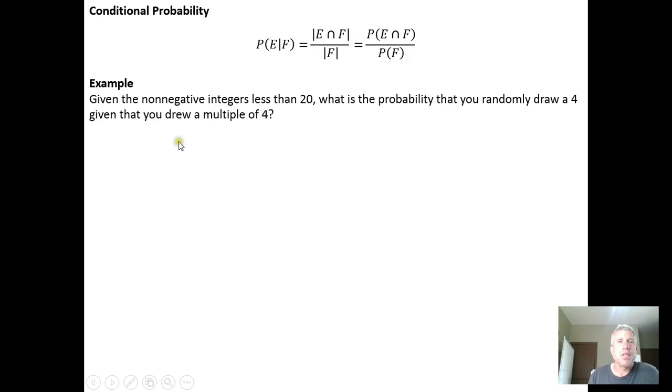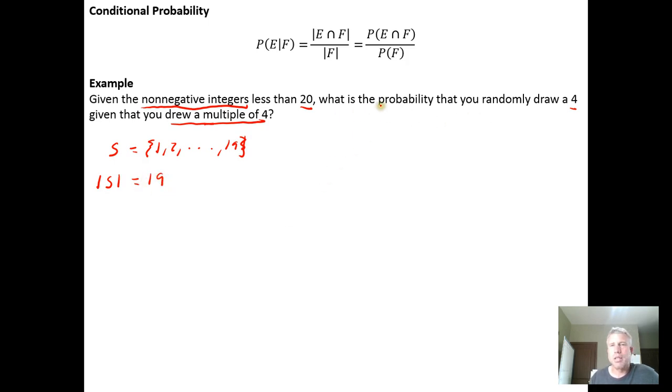So here's an example. Given the non-negative integers less than 20, what is the probability that you randomly draw a 4 given that you drew a multiple of 4? So the sample space in this case is going to be the non-negative integers less than 20. So this is the set of positive integers from 1 to 19, which means that the size of that sample space is just 19 items.